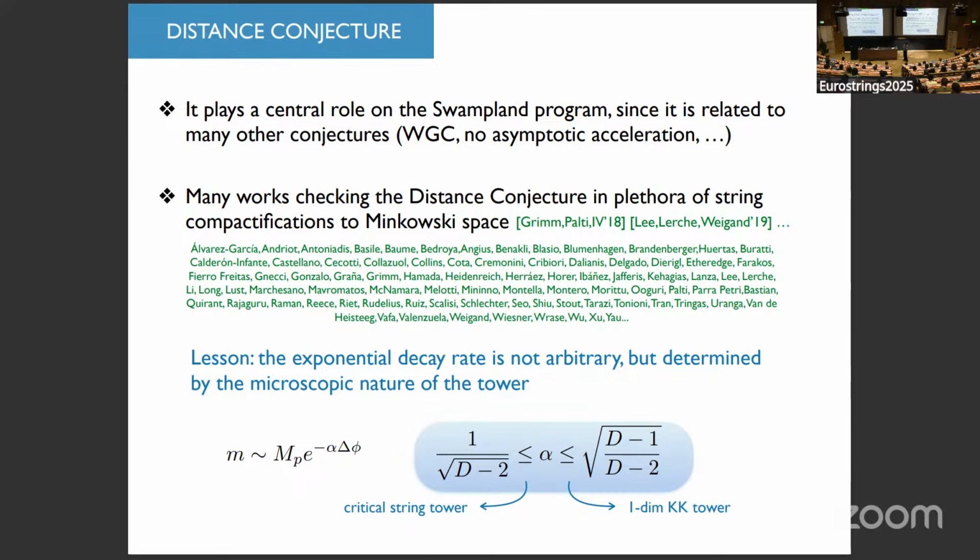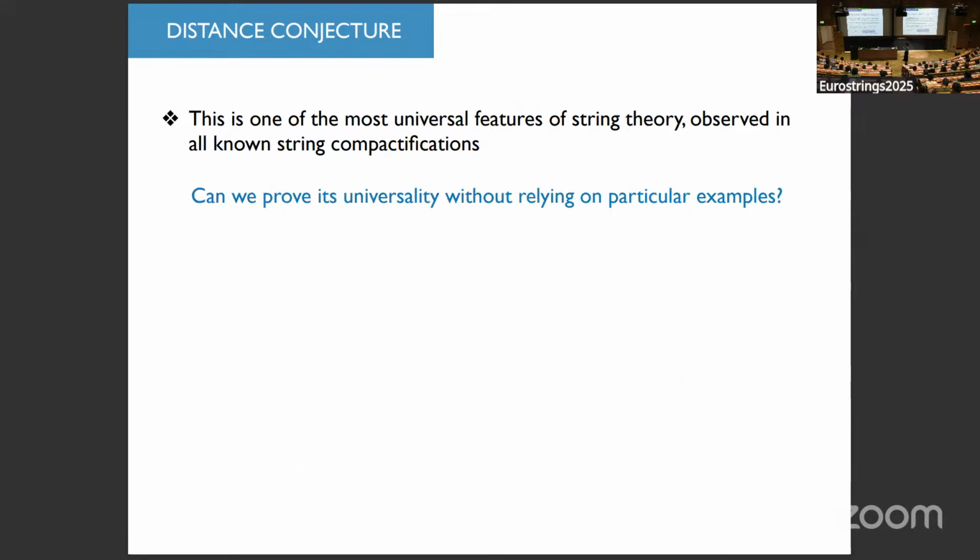So from string compactifications to flat space, we found that so far it seems it always satisfies these bounds, which are saturated either by the critical string, oscillator modes of the critical string, or a Kaluza-Klein tower of the compactifying one dimension. I would argue that this is one, if not the most, universal feature that we observe in string compactifications.